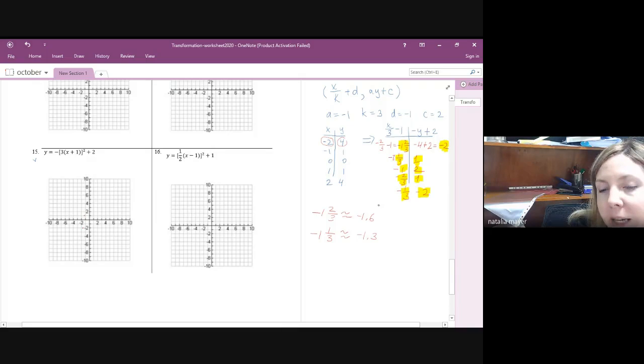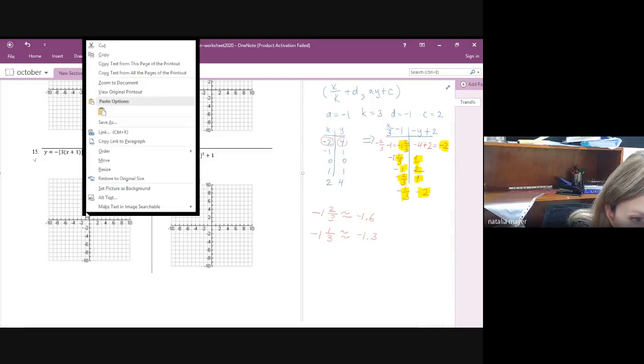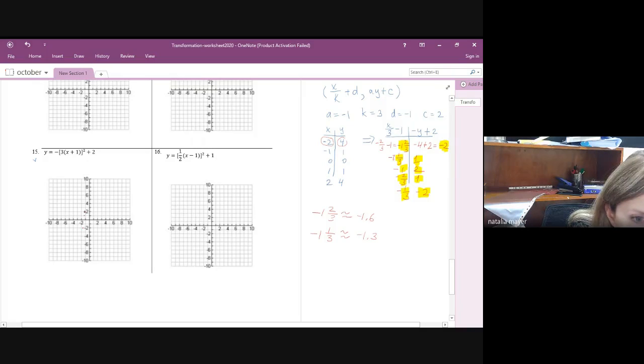And the next point is the vertex, very important point, -1 and 2. Okay, and this is a bit here. Finally, I have the other points symmetrical, right? Symmetrical.